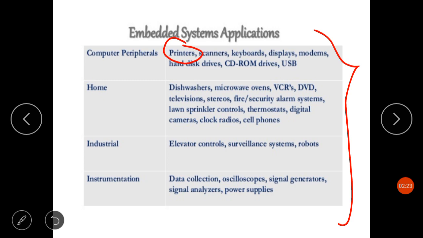In contrast to this embedded system is a Pentium based PC. This PC can be used for any number of applications. As I've told you, an embedded system, for example the printer, is used for only one application. In contrast, a PC can be used for any number of applications, such as word processor, bank teller terminal, video game player, network server, print server, or internet terminal.